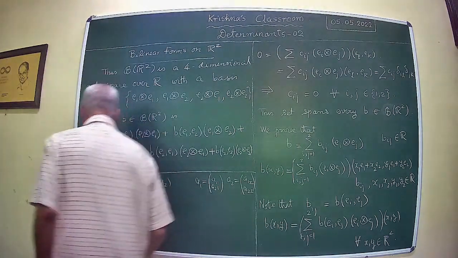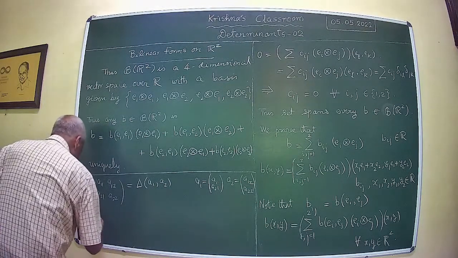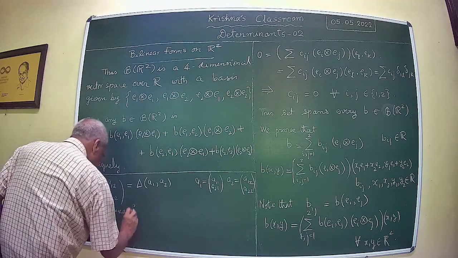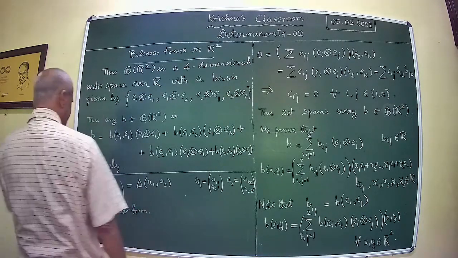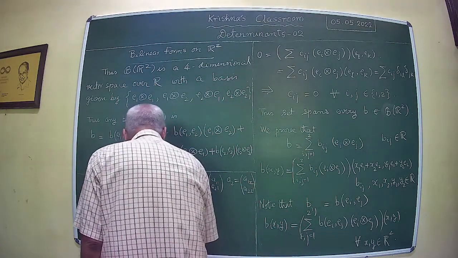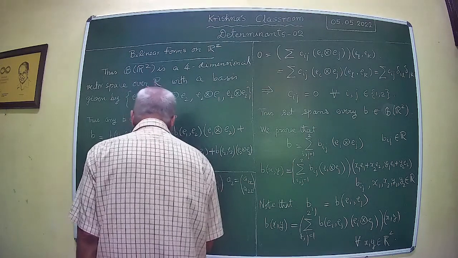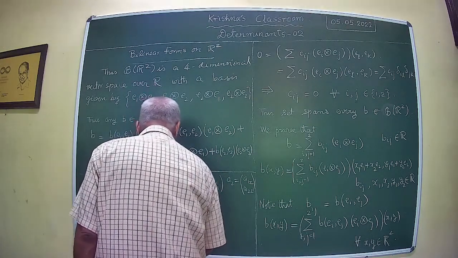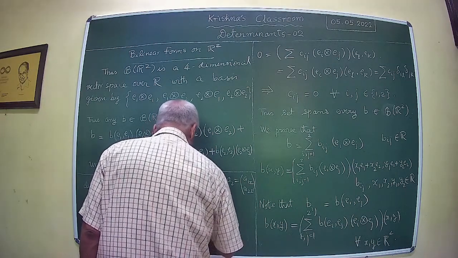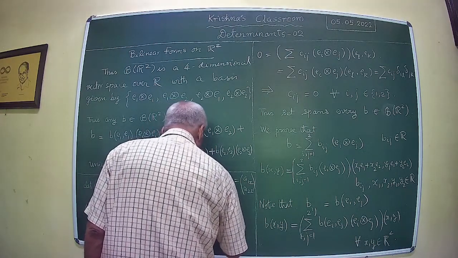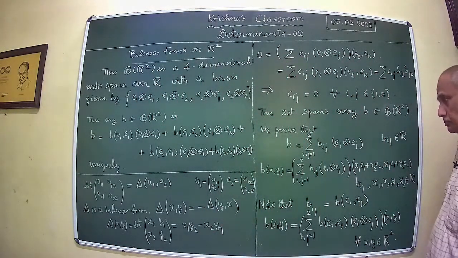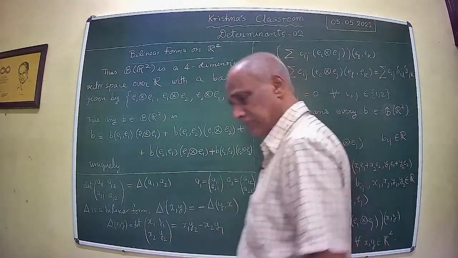Delta is a bilinear form. This is easily verified. You also have this property that delta of, say in general, x, y equal to minus delta of yx. And one can easily verify that this is true.